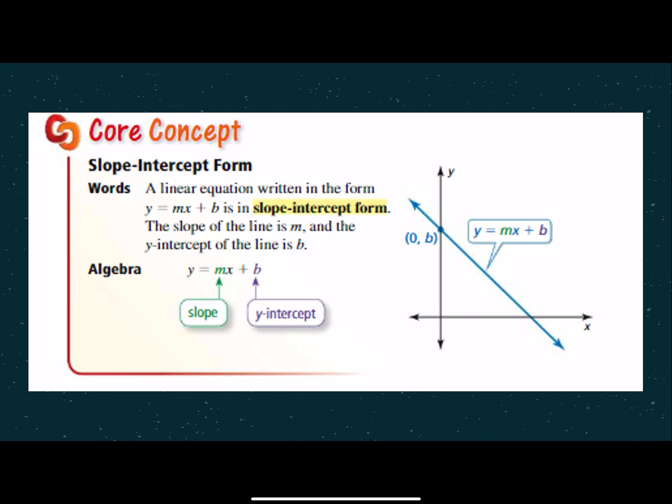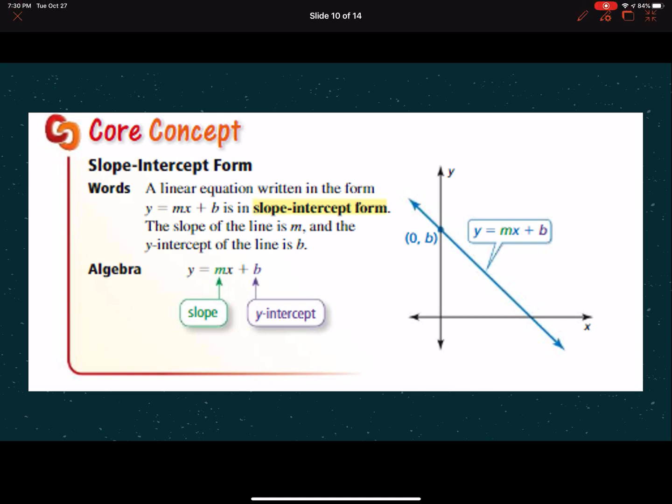Okay, another core concept here, slope-intercept form. We talked about standard form previously. Now we're going to talk about slope-intercept form. With slope-intercept form, we have a linear equation written in the form y equals mx plus b. The slope of the line is m and the y-intercept of the line is b.